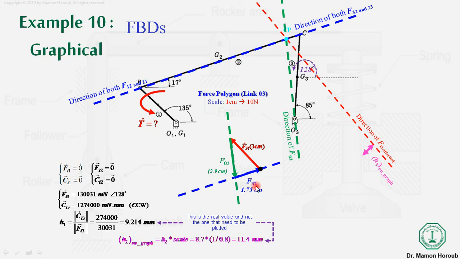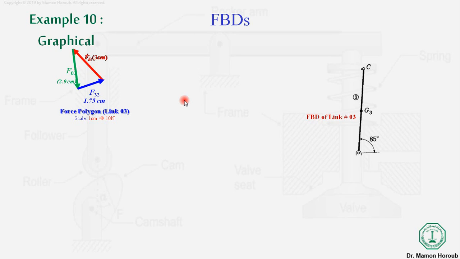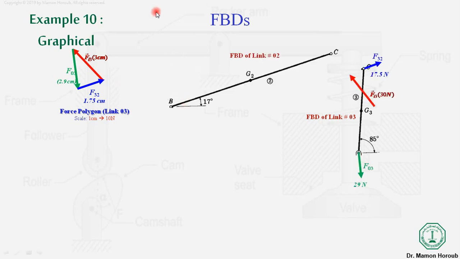Once we have the value of F23 from this force polygon, the force F32 on this two-force member, link 2, has the same magnitude as this force, and the same force, this 17.5, will also be exerted over here.